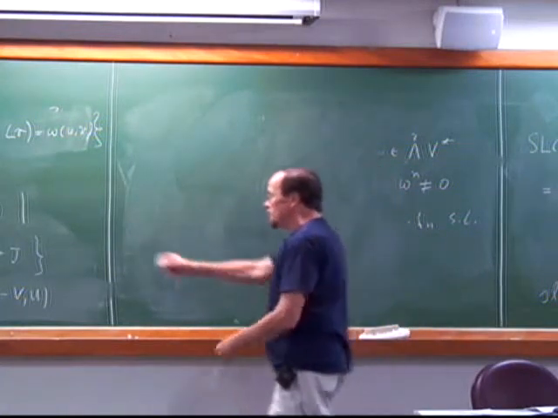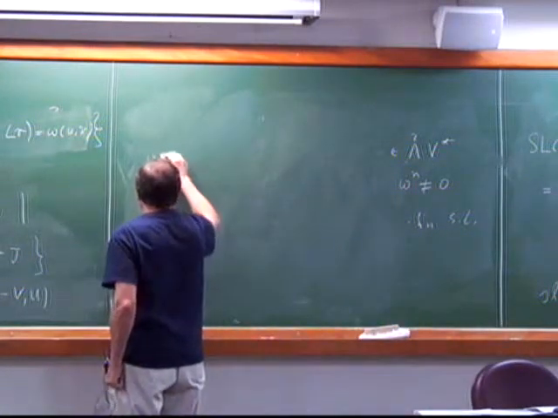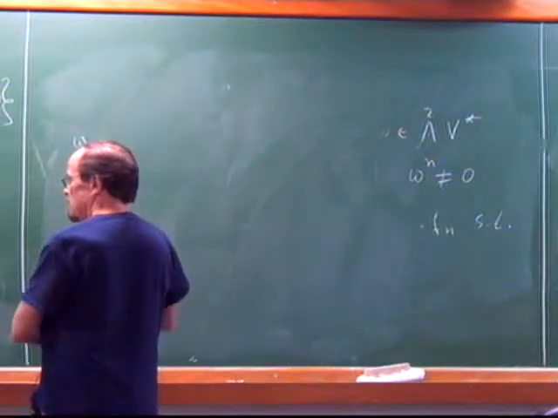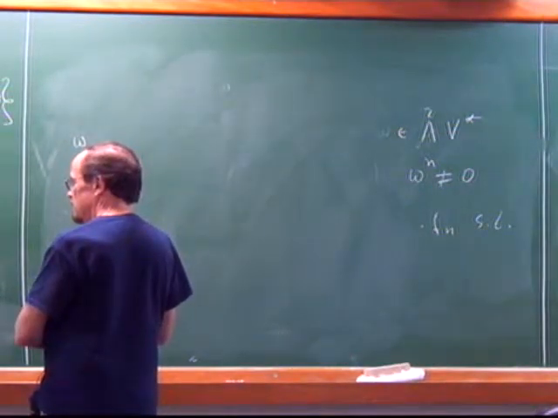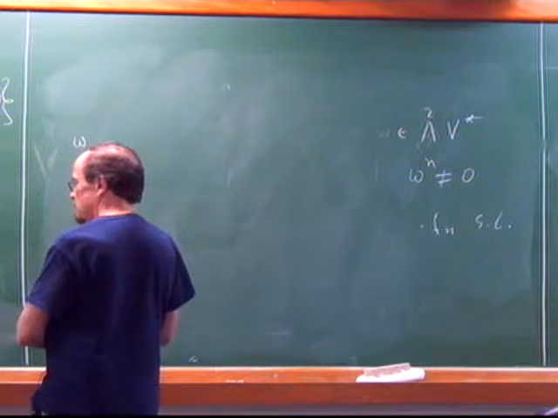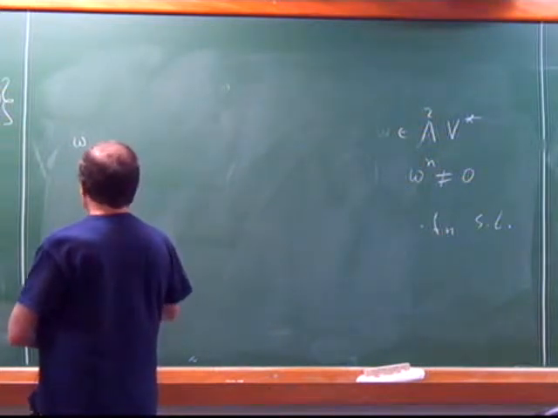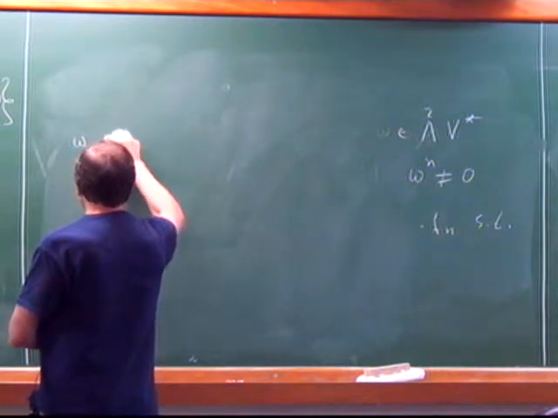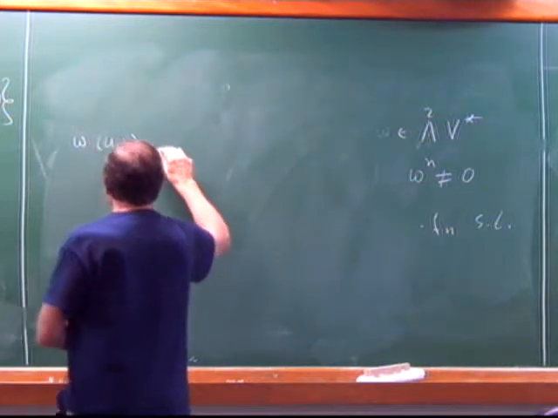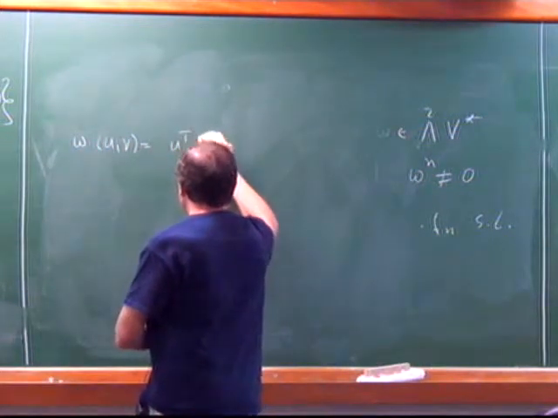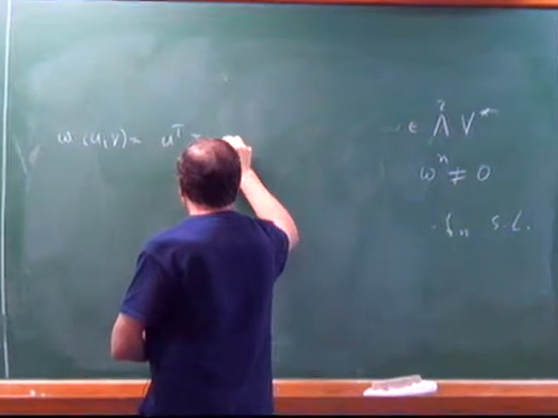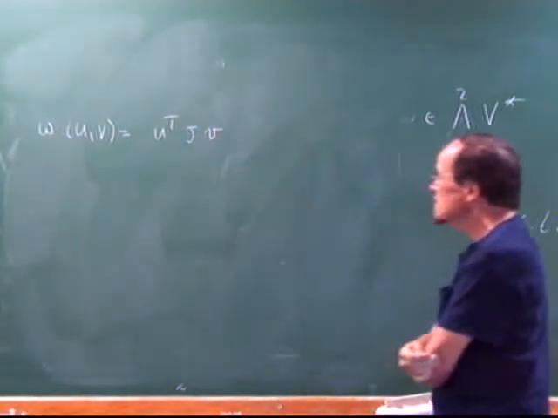So what's the computation you do? So this here says that omega(u, v) is u transpose J v. Oh yeah, that's what it says.